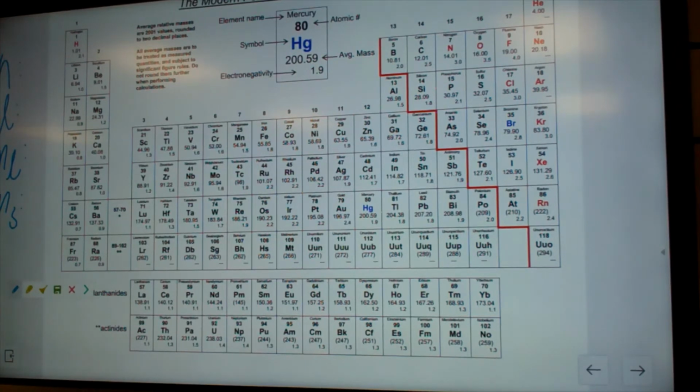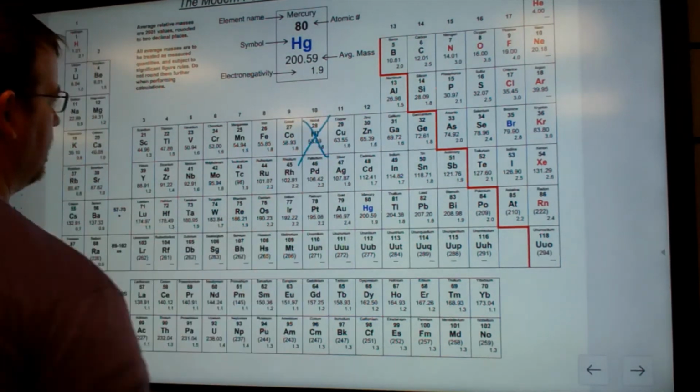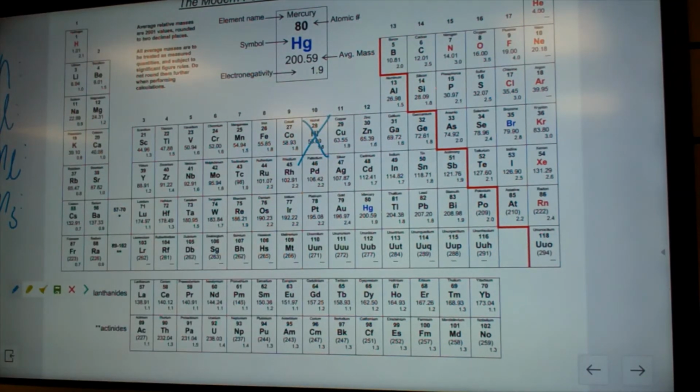Alright, so in this, let's do nickel. Nickel is in the D block. So what does that mean L is? L is 2. Alright, what is N? 1, 2, 3, 4.